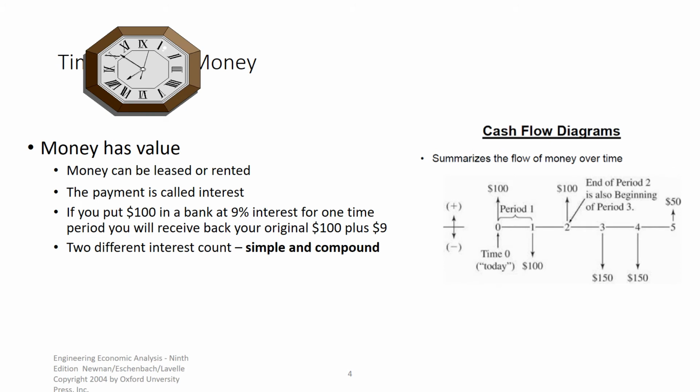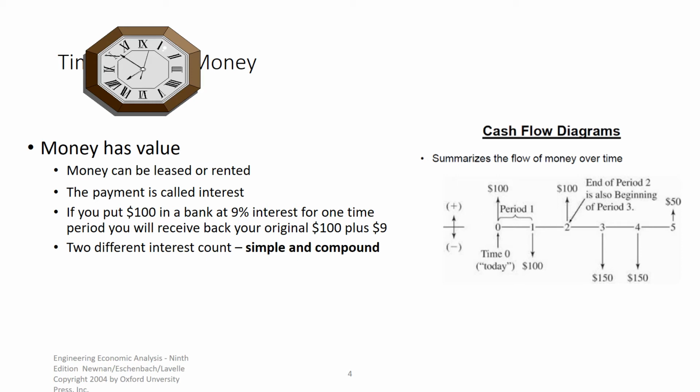Why do we need to know the value of our money based on time? If we consider our cash flow diagram, we have year 0, first year, second year, third year, fourth year, fifth year.